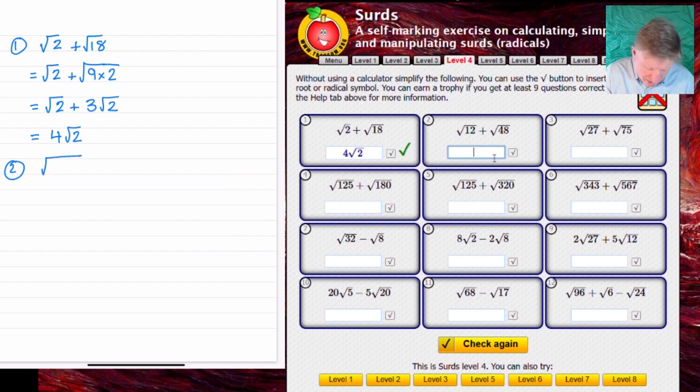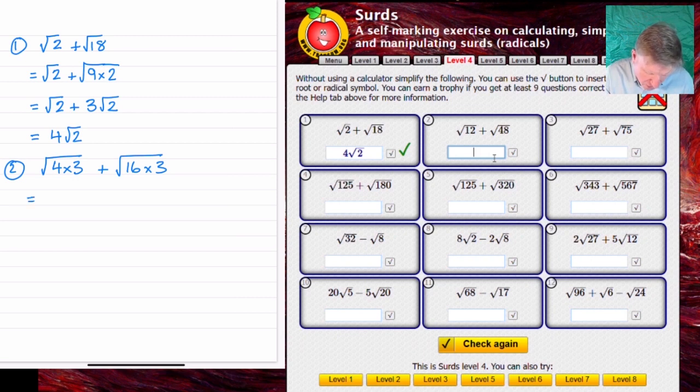Otherwise, the root 12 can be written down as 4 times 3, the square root of 4 times 3. And then I'm going to add on the square root of, let's see, 48. If it had a factor of 3, that would be useful. Yes, it does. It's 16 times 3.